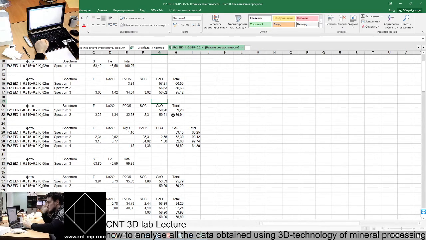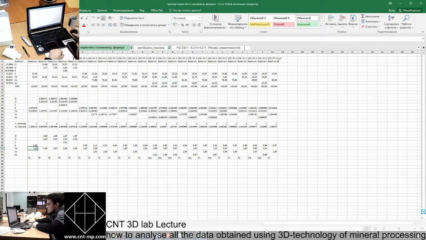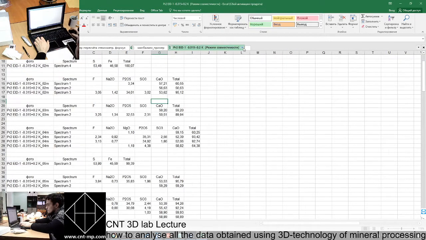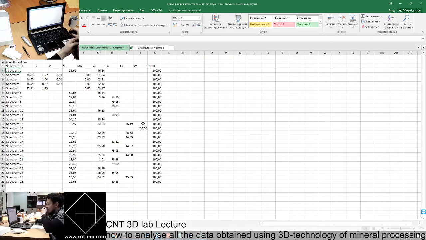It's not so hard, but it takes time to make special processing before analyzing these data. So we developed a special scheme, a special table for counting the real mineral species.